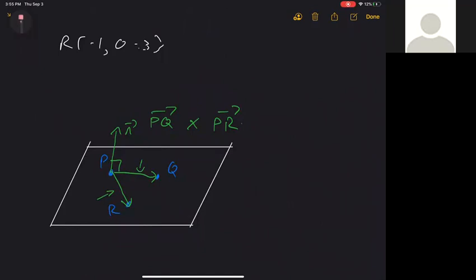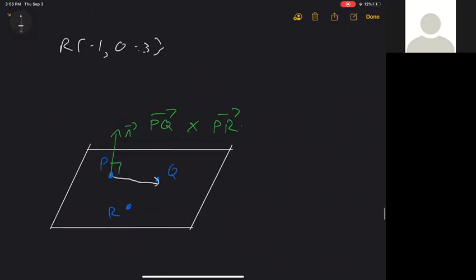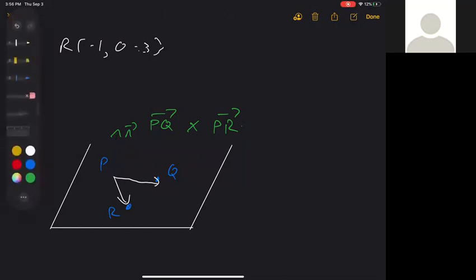So let's take a look at this example. We did PQ cross PR, right? So we did this vector cross this vector. Order matters for this cross product. So maybe if I do PQ cross PR, I get this vector here pointing upwards.